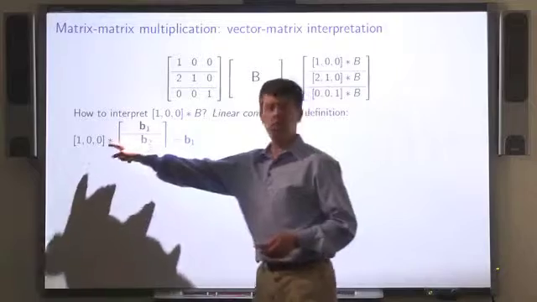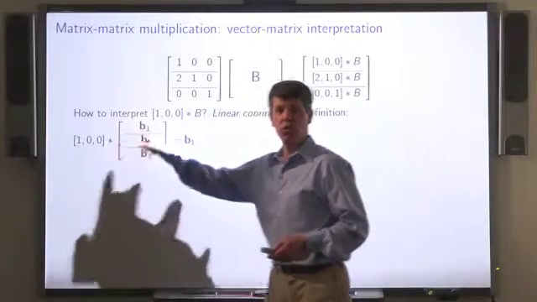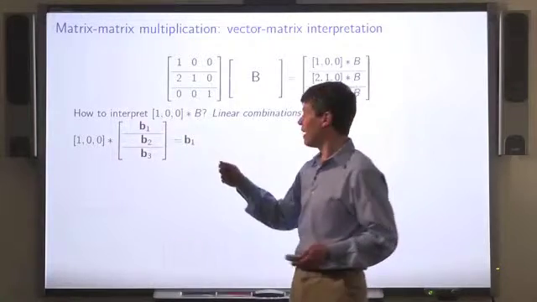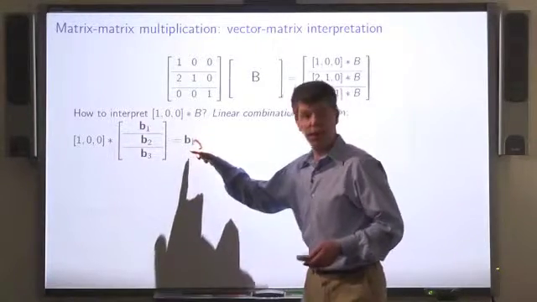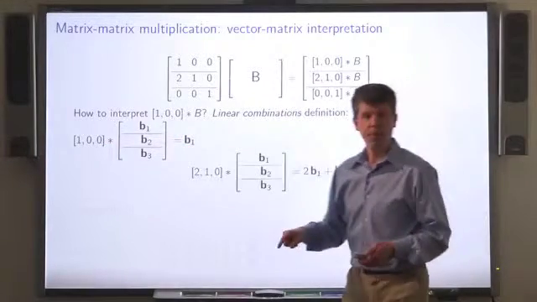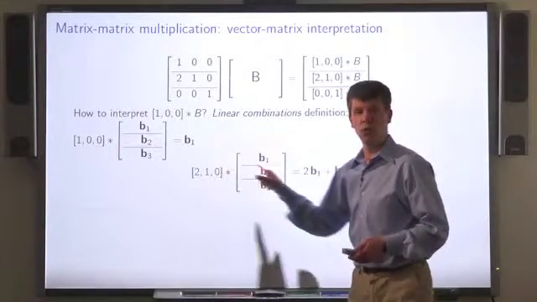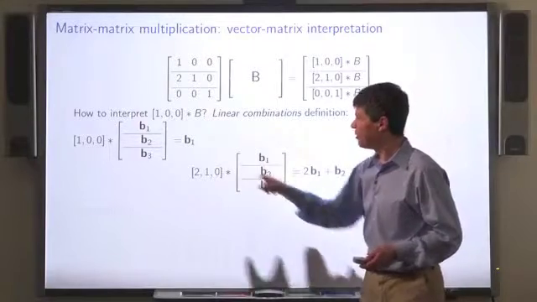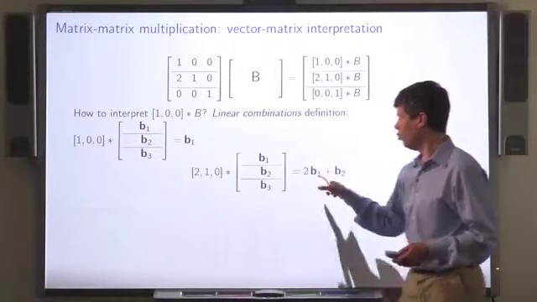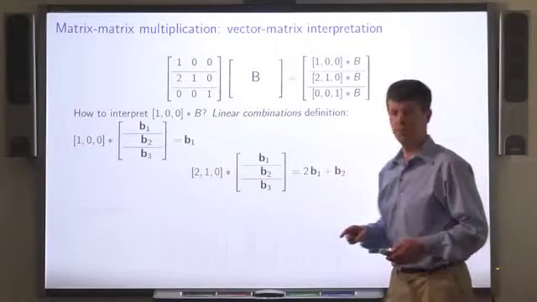Then the vector matrix product 1, 0, 0 times the matrix B, by the linear combinations definition, just picks out the first row, B1 of B. Similarly, the product of 2, 1, 0 with the matrix B takes 2 times the first row and 1 times the second. So 2B1 plus B2.